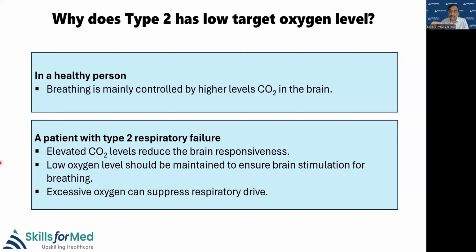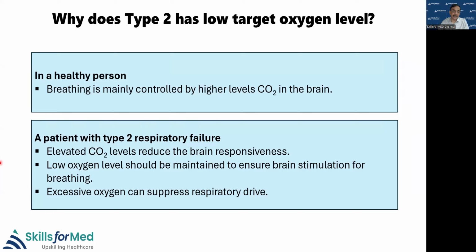So the low saturation of 88 to 92 is very necessary for them to breathe normally. If you enthusiastically treat this patient and bring them up to 94, 98, then what happens? That hypoxic drive is suppressed and the respiration also gets depressed, and they actually become worse.